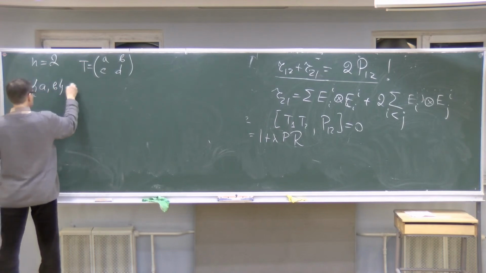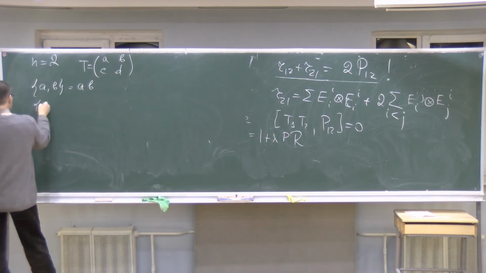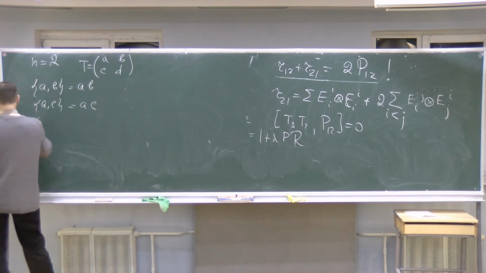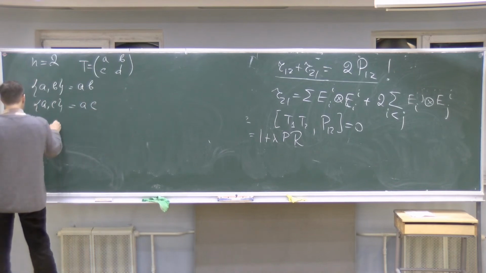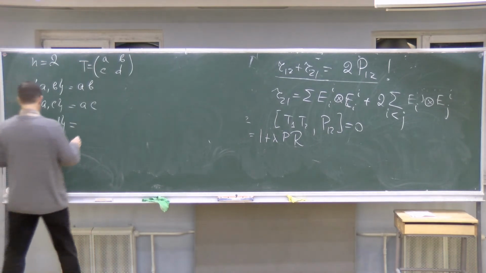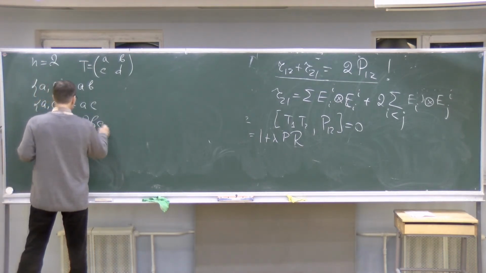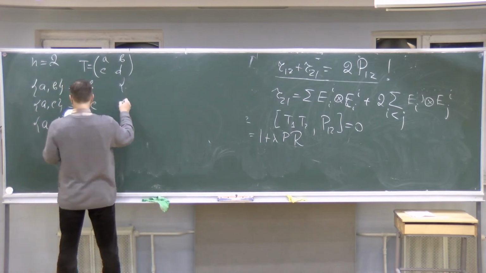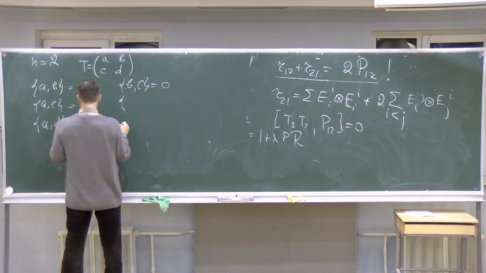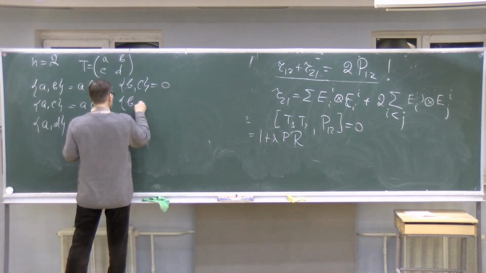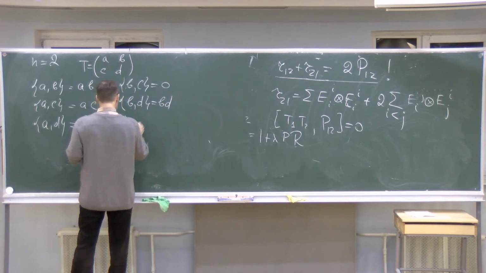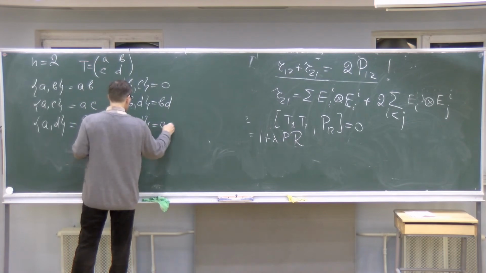{a,b} is equal to ab, {a,c} is equal to ac, {a,d}, here we have a difference, 2bc, and b and c Poisson commute, {b,d} is equal to bd, and then {c,d} is equal to cd.